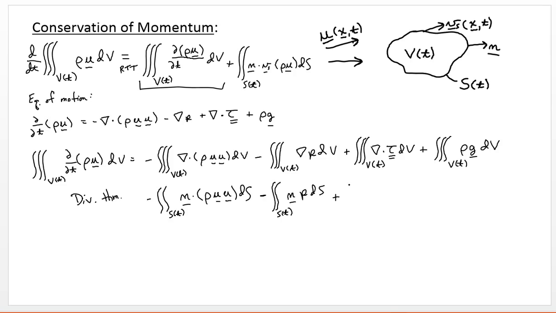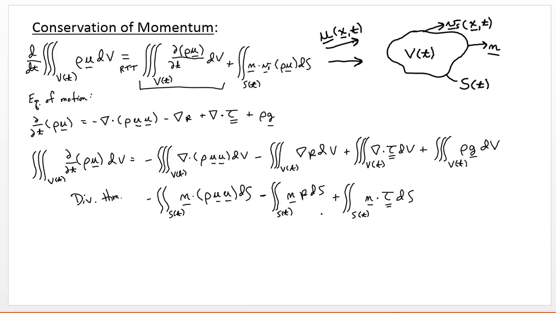And finally, this term here becomes the surface integral over S(t) of n dotted with tau, dS. And then we can leave the gravity term as written.